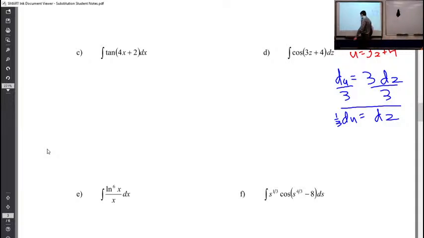So let's do those substitutions here. Integral of the cosine of, instead of 3z plus 4, we just have u. And instead of dz, what does dz match up with? Well, it matches up with 1/3 du.